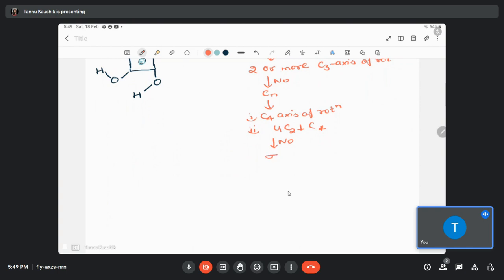So do we have horizontal plane here? Yes, molecular plane, that is plane of the board. So the molecule comes under C4h point group.